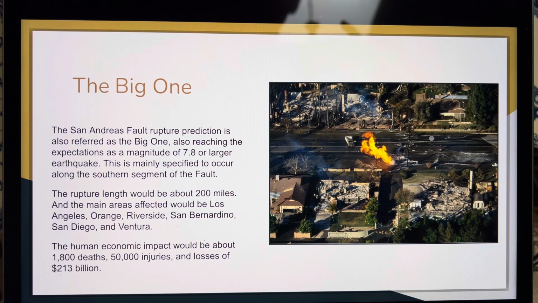The rupture length would be about 200 miles, and the main areas affected would be Los Angeles, Orange, Riverside, San Bernardino, San Diego, and Ventura. The human and economic impacts would be about 1,800 deaths, 50,000 injuries, and a loss of about $213 billion.